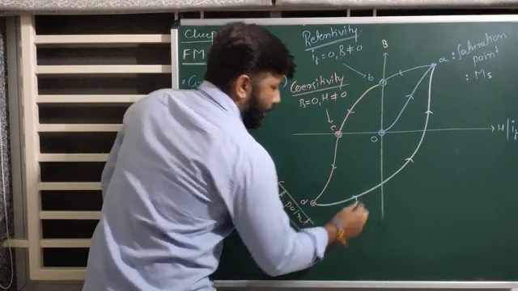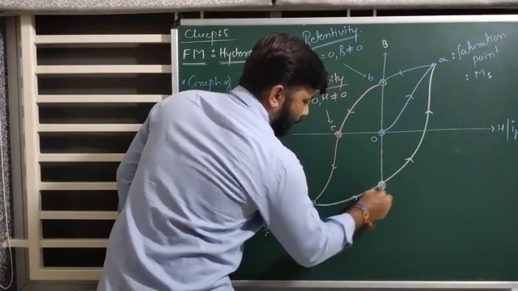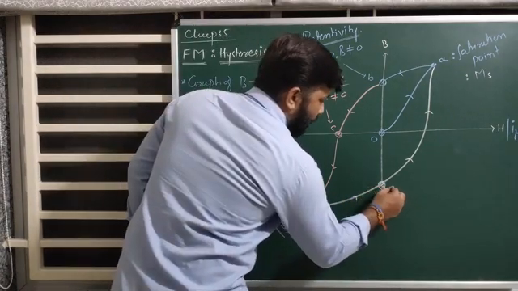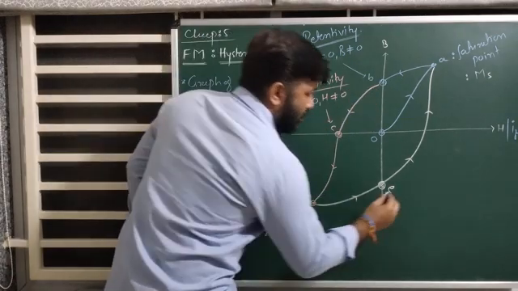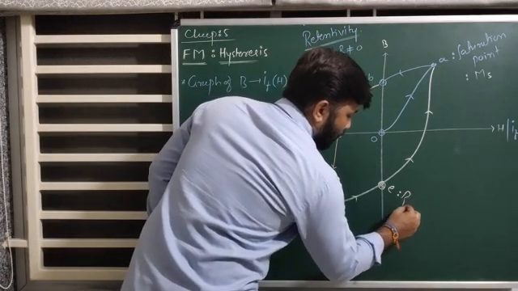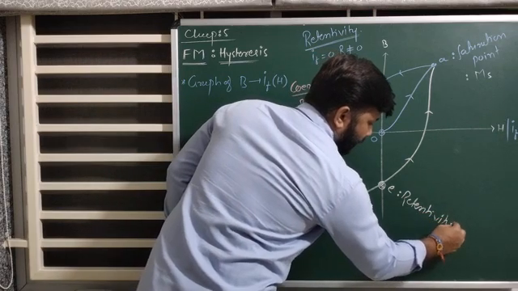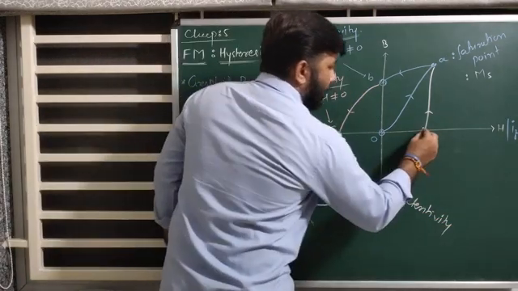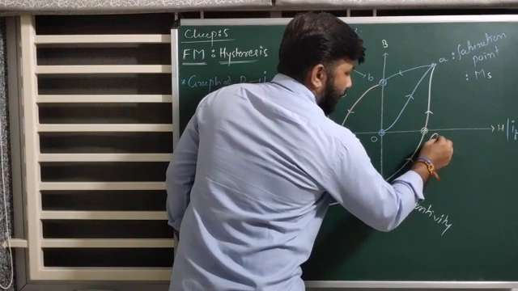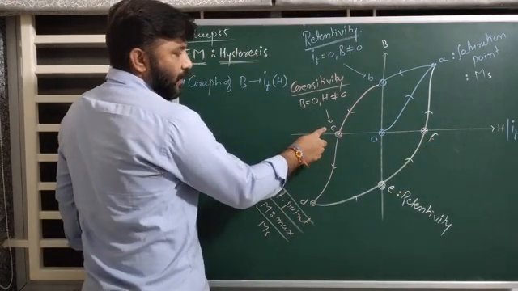Got it? So here we are getting another point, that is E. It is similar to B. So again, E is also known as retentivity point. Here we are getting F, again similar to this.